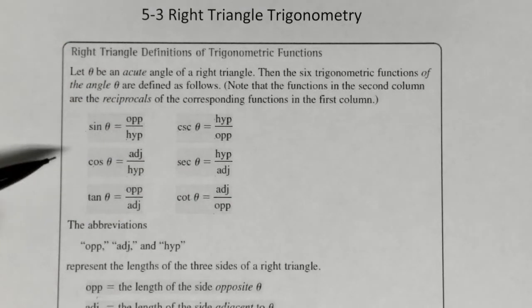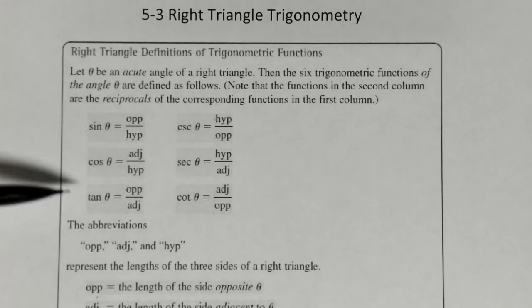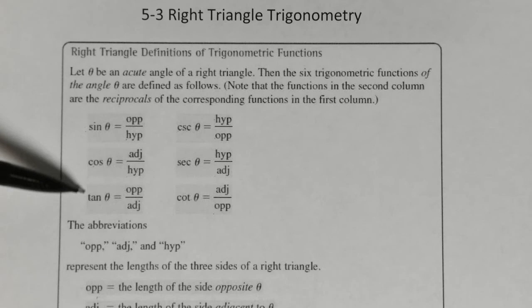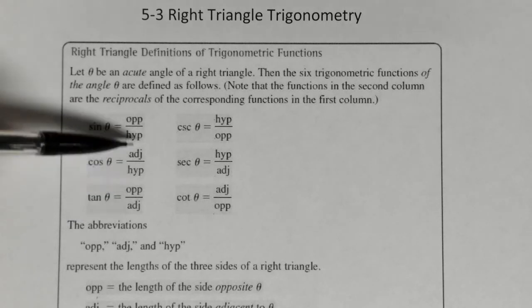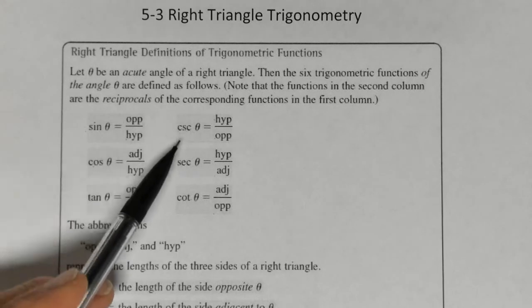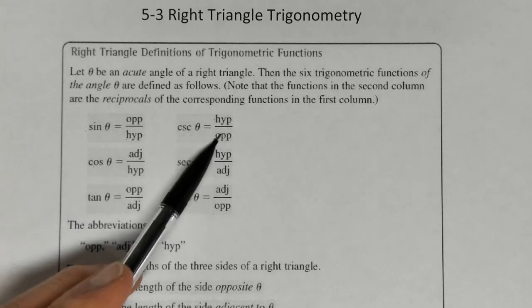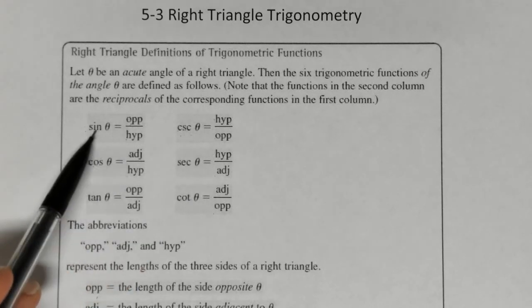Now, in geometry, you typically stop with these 3, sine, cosine, and tangent, right? And the reason why is that anything that can be done with cosecant is just the reciprocal fraction from sine.